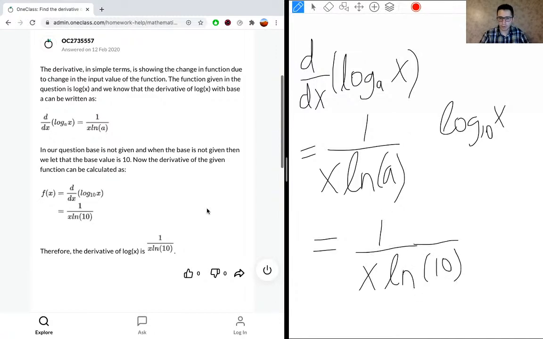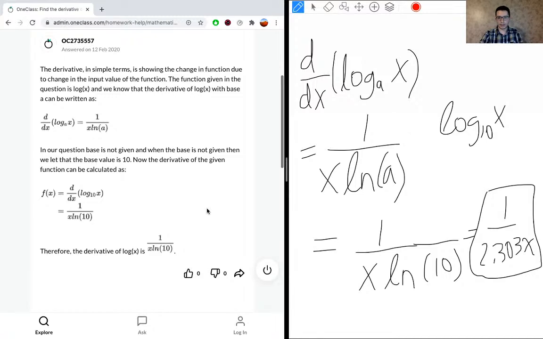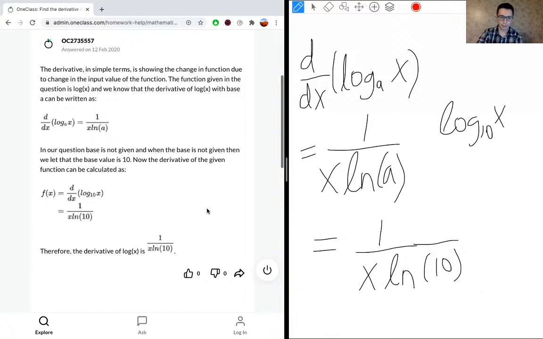Here, ln 10, you can just plug into your calculator, and that will give you 2.3025 and so on. And then you would just have 1 over 2.3025x. This is a simple format to represent the derivative of log base 10 of x. Or you could just leave it as ln 10 if you're doing further calculations to solve for, let's say, the variable x or something like that.